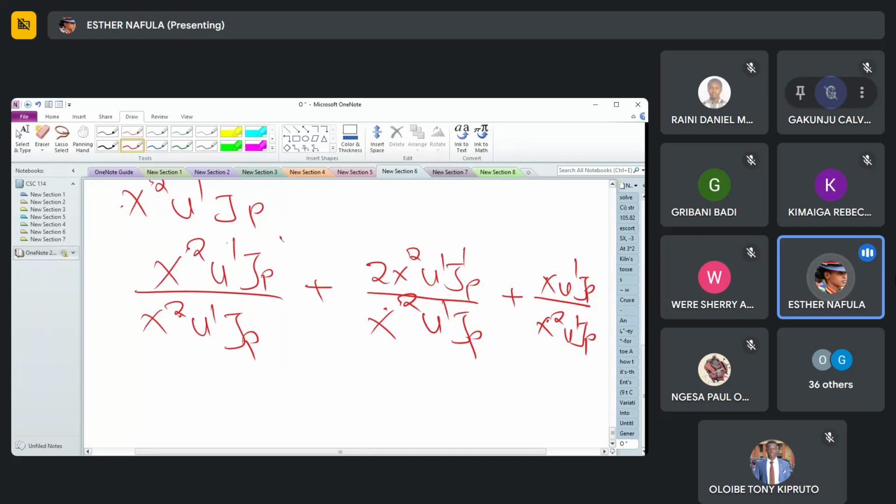This is supposed to be u double prime, right? Yes. x squared of course cancels out. So you end up with u double prime over u prime.